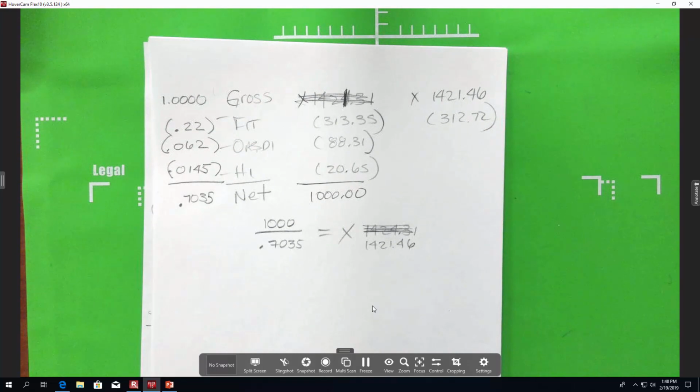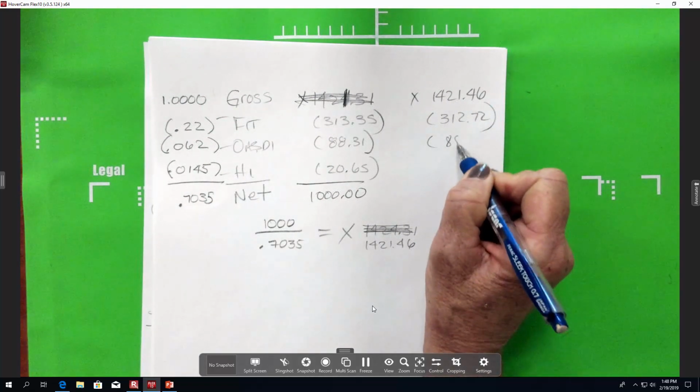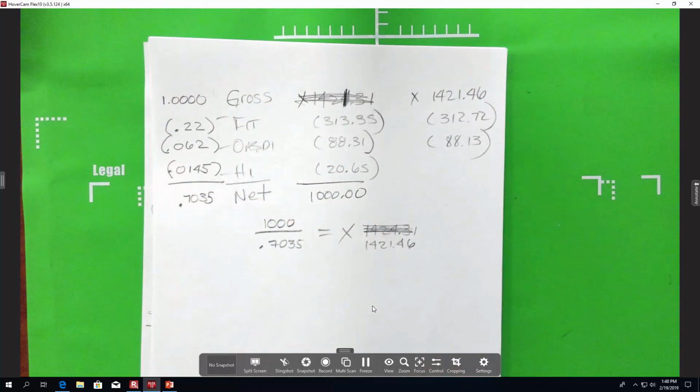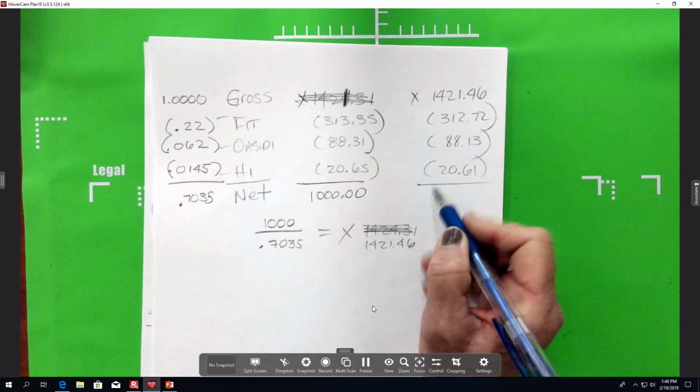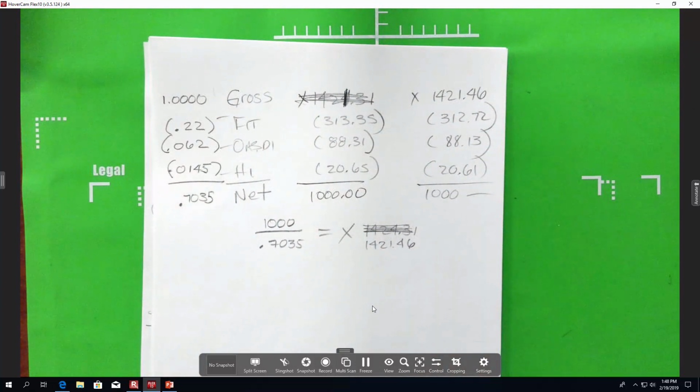I mean, it's got to come out to $1,000 if I did everything right, and it didn't. 1,421.46 times 0.0145. And I can see now it's come down nice and neat, hasn't it, to $1,000.